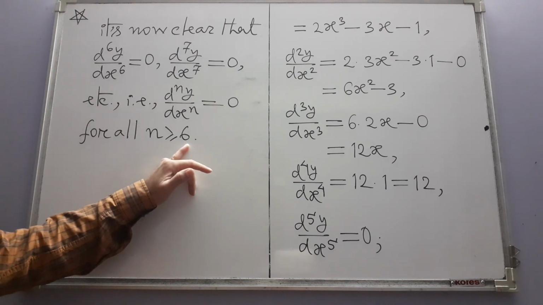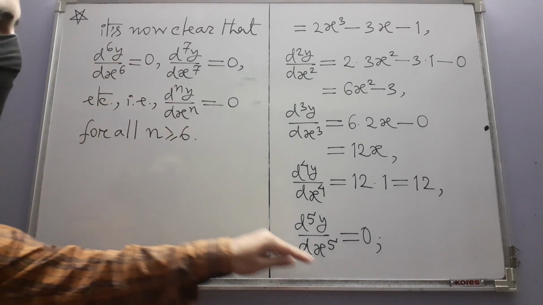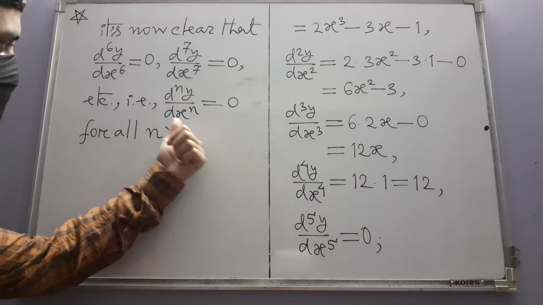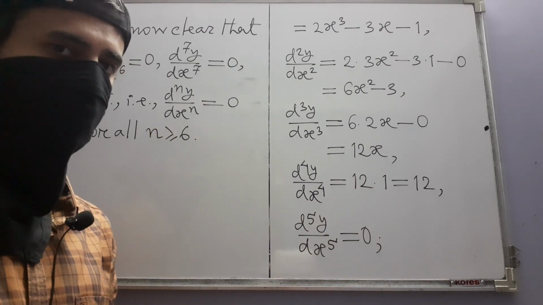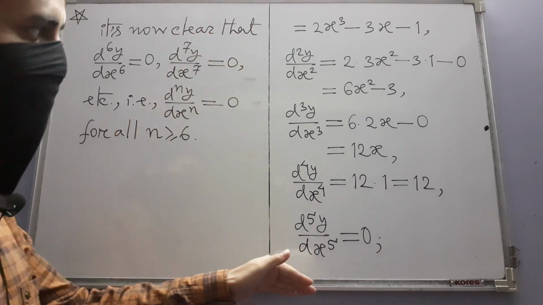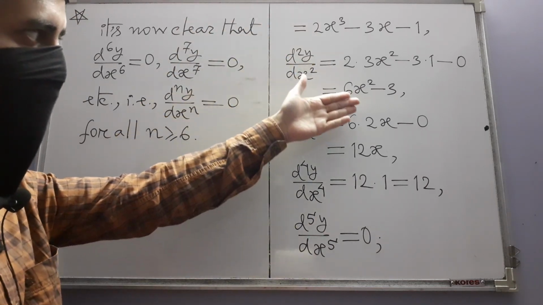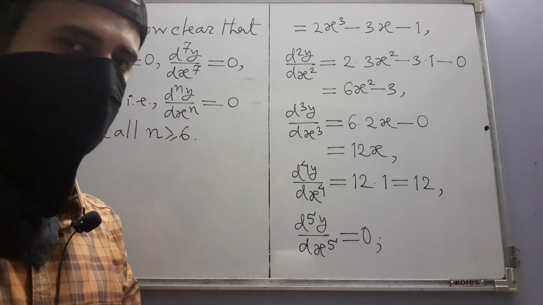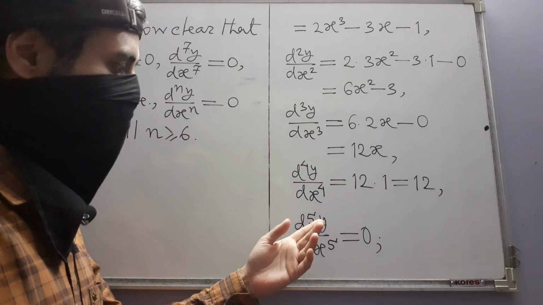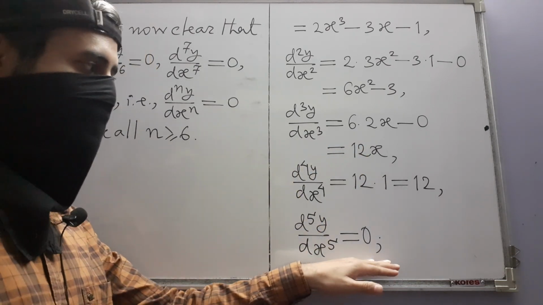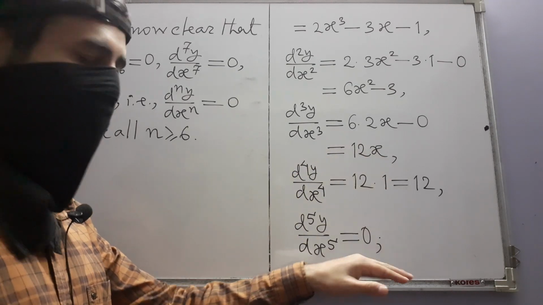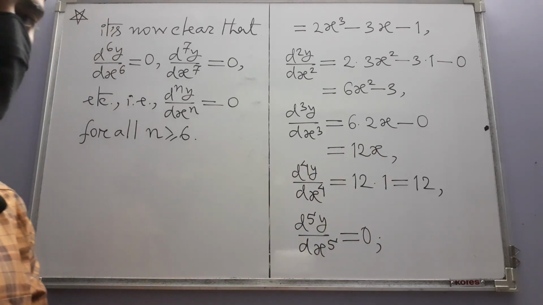If you want, you can write 5 here, but I am talking about the derivatives after this. So I put this range for n. Okay, so the first few derivatives are these polynomials with gradually decreasing degree, but eventually that decreases so much that we get linear polynomial, constant polynomial, and then after that all the others are 0.